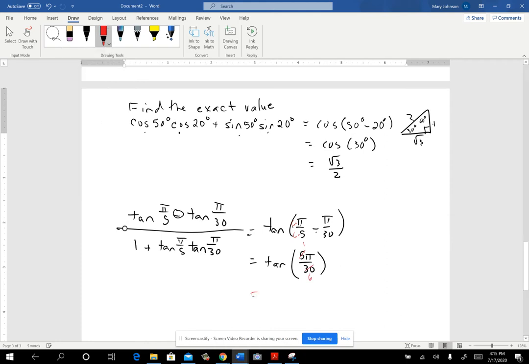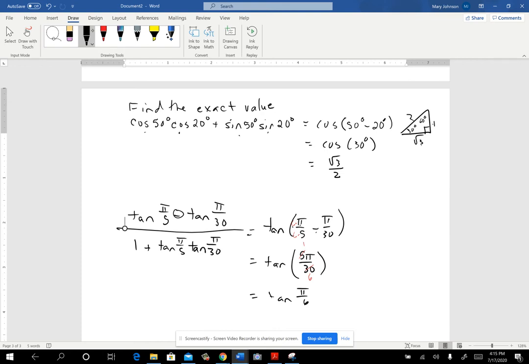So let me just clean that up. We need the tangent, oops, I want that in black. We want the tangent of pi over 6. And pi over 6, that's 180 divided by 6. That's really a 30-degree angle.